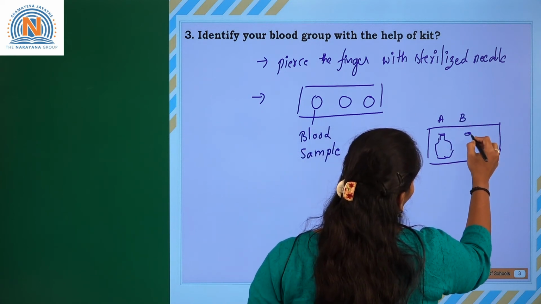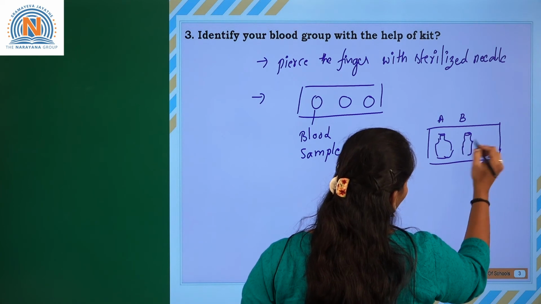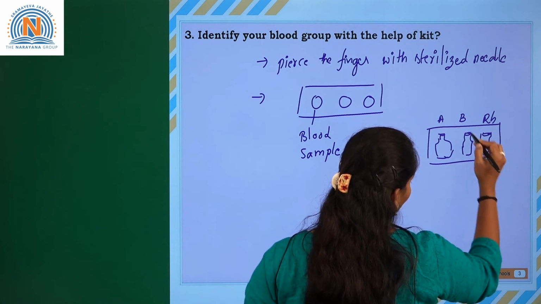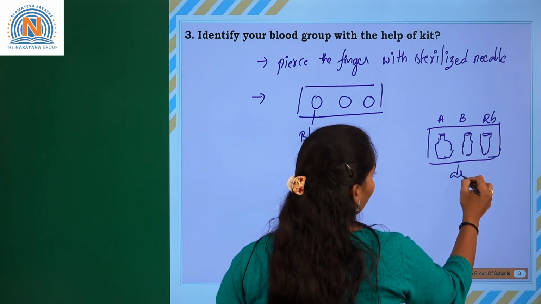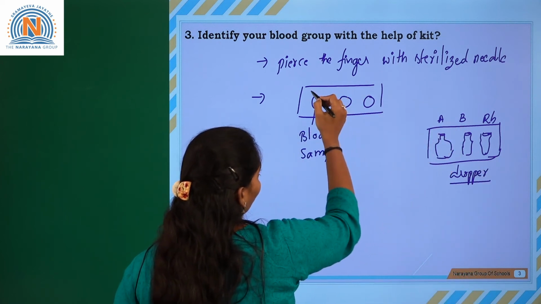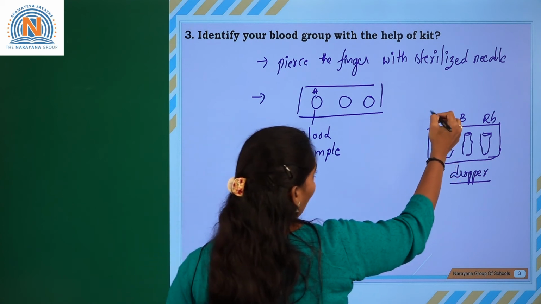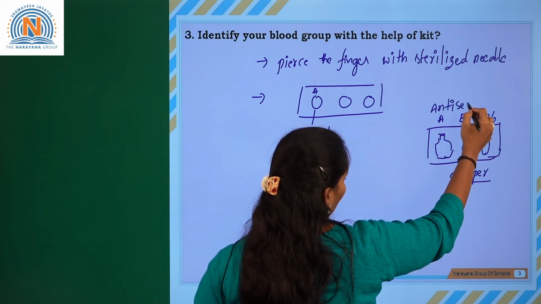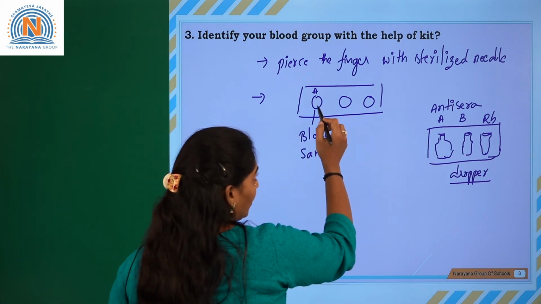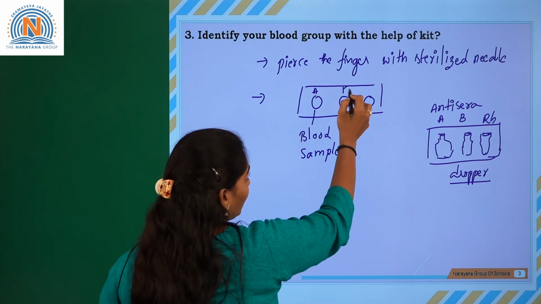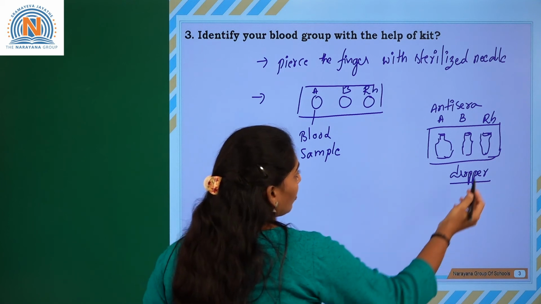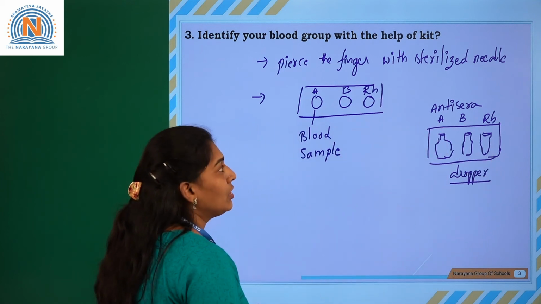The other bottle consists of RH samples. With the help of the dropper, we add antisera A to the first circle, meaning the first sample, antisera B to the second sample, and the RH we can write here, we add to the third sample.